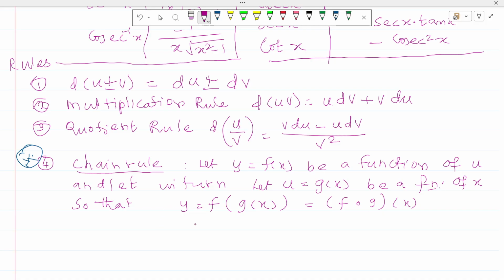I will explain that. In case y equal to sine x square is there, we know only sine x. Don't confuse it with sine square x. Sometimes y equal to sine square x may be given. This is totally different. Don't confuse with that.